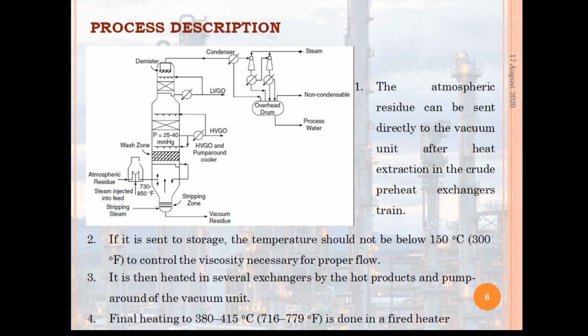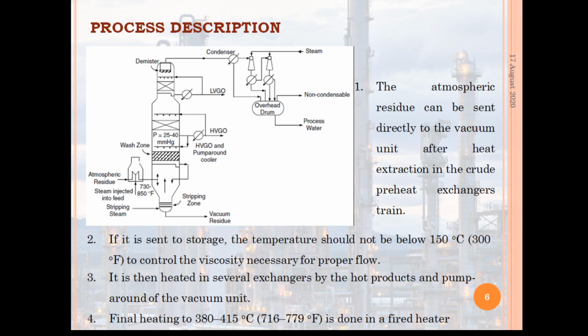Here it is mentioned that the atmospheric residue can be sent directly to the vacuum unit after heat extraction in the crude preheat exchanger trains, because before the vacuum distillation unit there is a furnace, and before that furnace we need to provide some heat exchangers also.